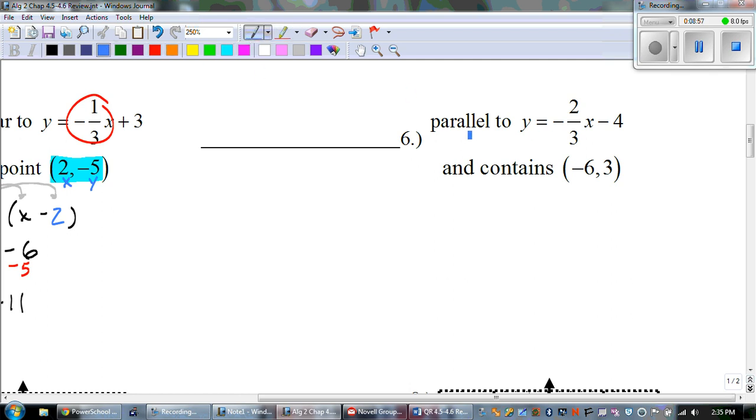Let's look at this one. Now, it's saying parallel to -2/3 x minus 4 and contains 6, 3. So remember, knowing your definitions, parallel means the same slope. Okay, so we have a -2/3, and now just plug in your x and your y. 2 negatives make that a +6.